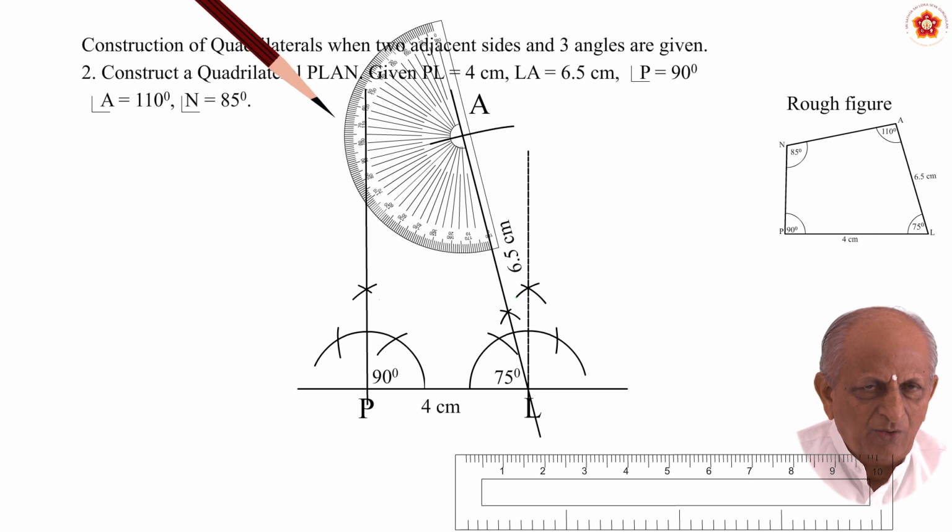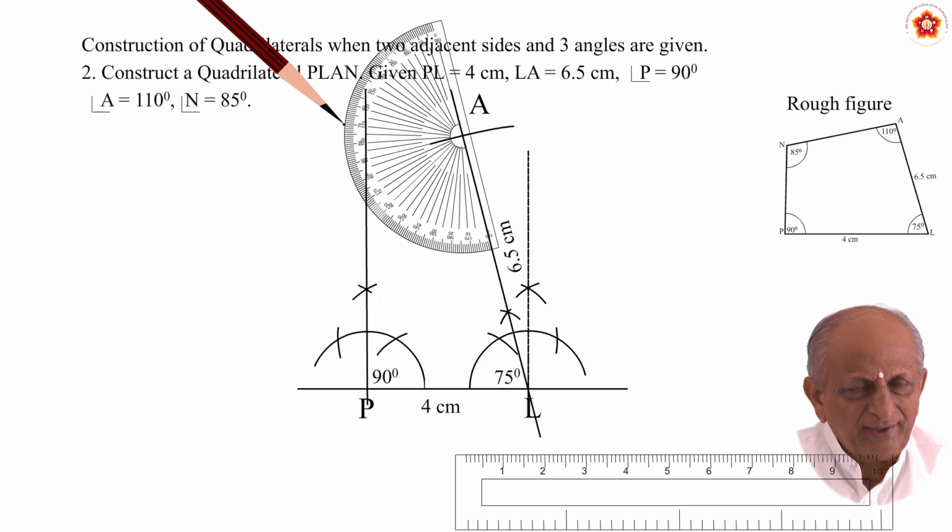Okay. Now take a protractor. Here we cannot do it with a compass. So what you must do? Take a protractor. Now what is the angle A given? 110 degrees. What type of angle is it? It is an obtuse angle. What is an obtuse angle? An angle more than 90. Correct?